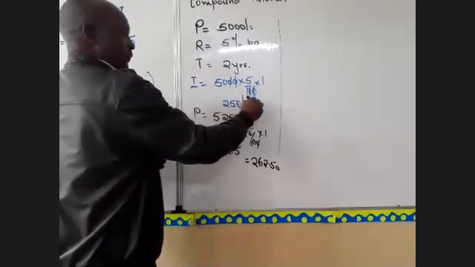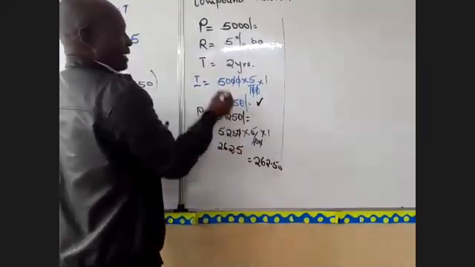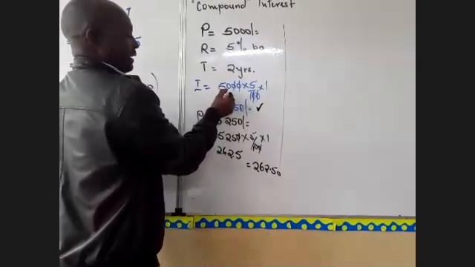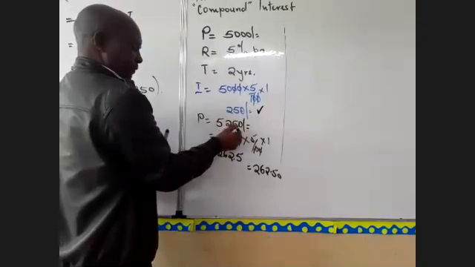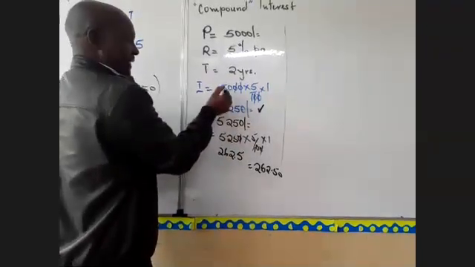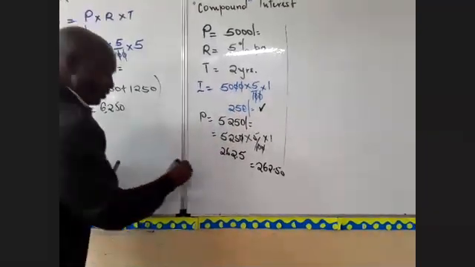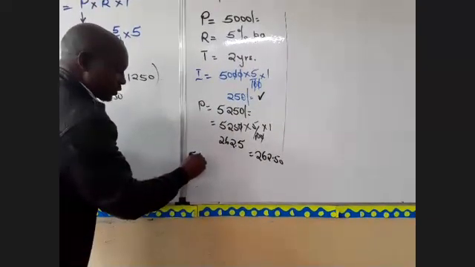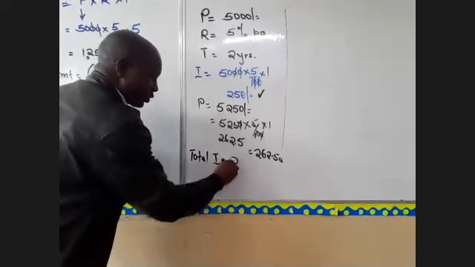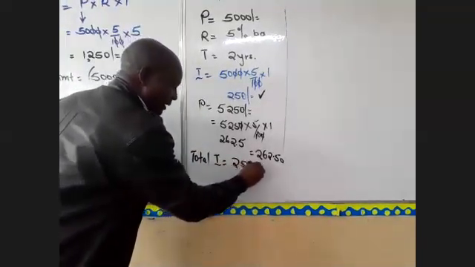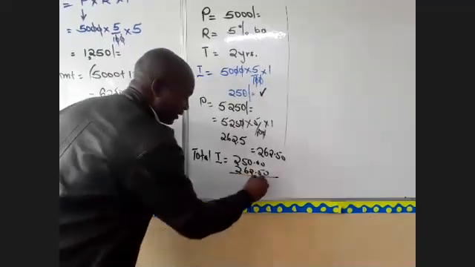This was interest for year 1, which is lower than interest for year 2 because year 1 principal was only 5,000, but year 2 principal is 5,250, which we got by adding the original principal plus the interest earned in year 1. So when we are looking for the total interest earned in the 2 years, it will be 250 for year 1 and then 262 shillings and 50 cents for year 2.